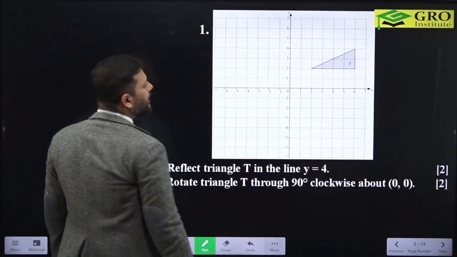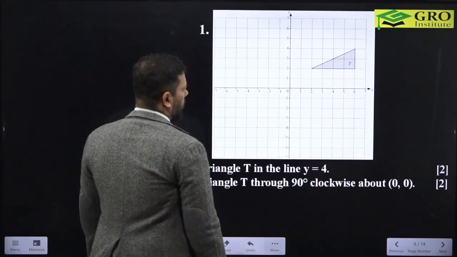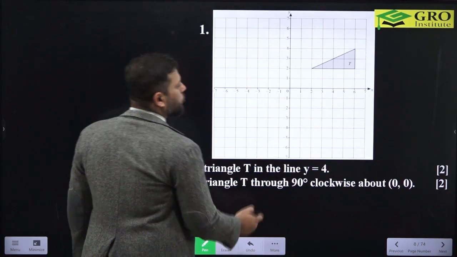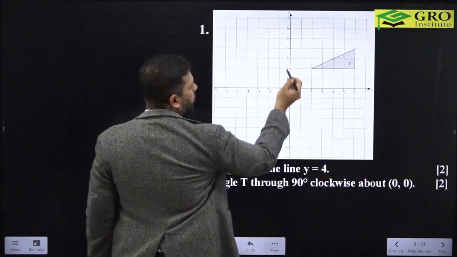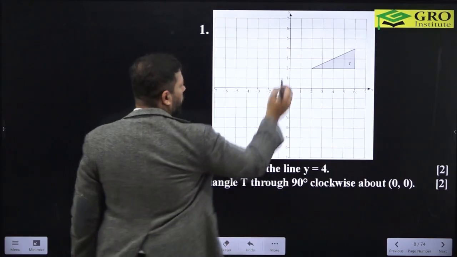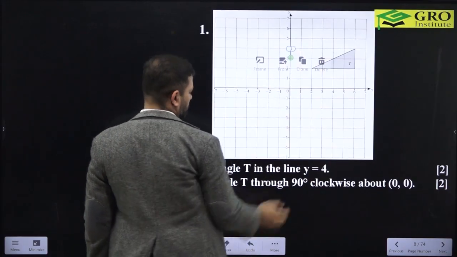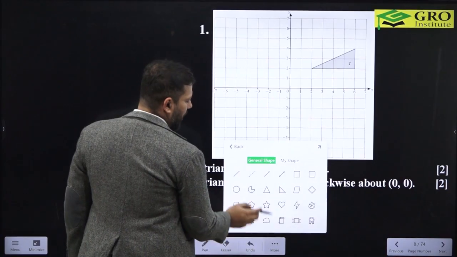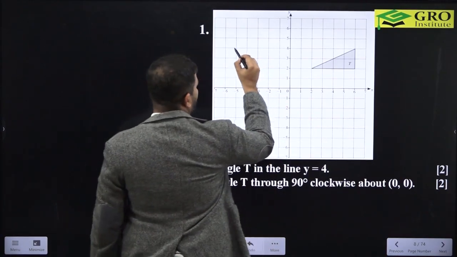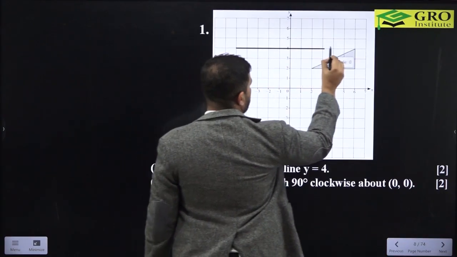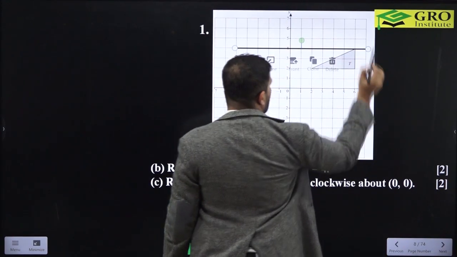So what will be the reflection? The reflection at y equals 4. First of all, I need to have a line at y equals 4. Where is y equals 4? Actually, y equals 4 is over here, isn't it? So if I have to draw a line, it will be parallel to the x-axis. So it will go like this. Isn't it, guys?